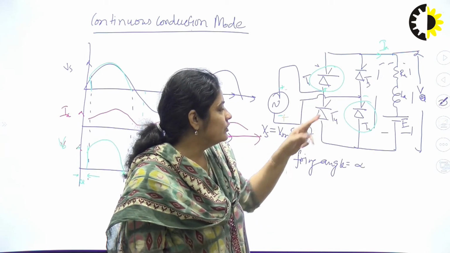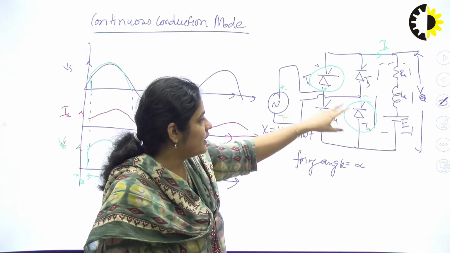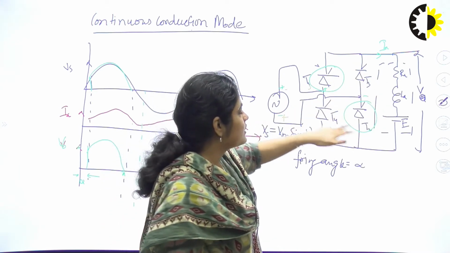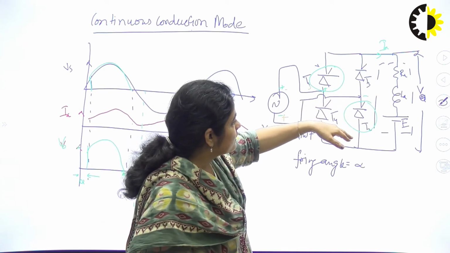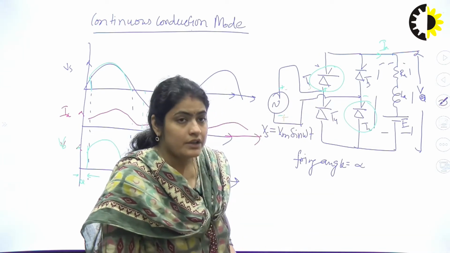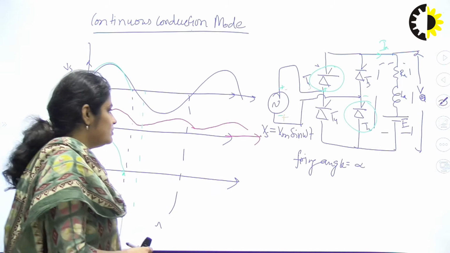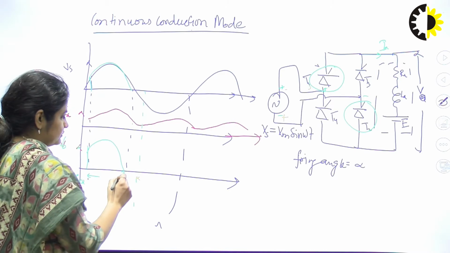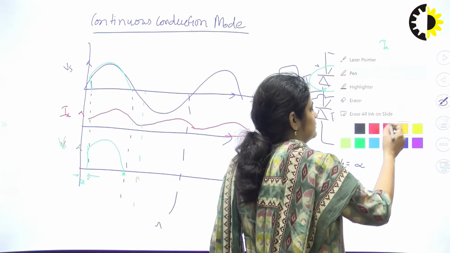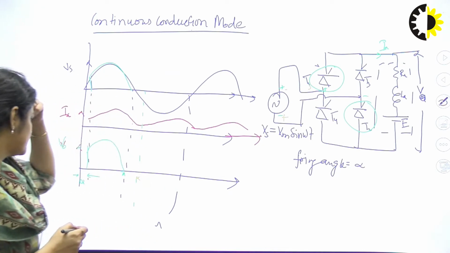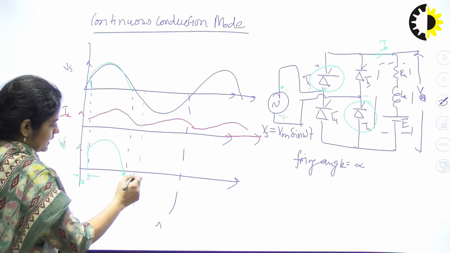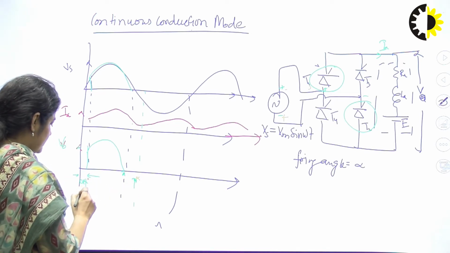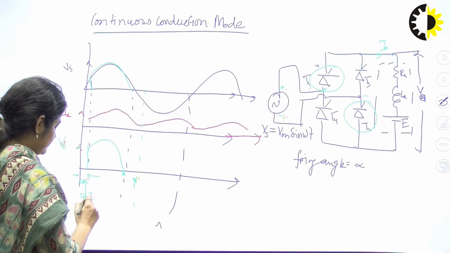Negative voltage is applied across T1 and T2, but the current is still flowing, so T1 and T2 will not turn off, right? From pi to pi plus alpha, T3 and T4 will be fired.